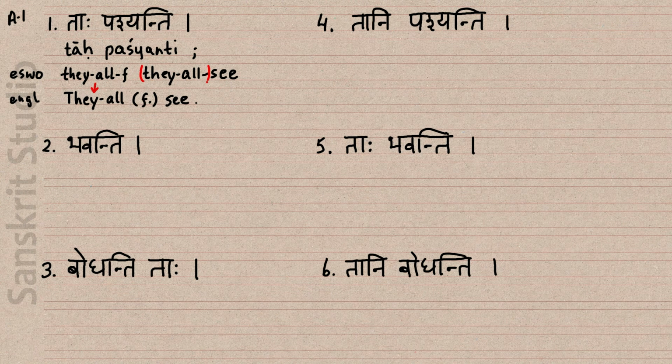And now we have another one here, Bhavanti. So we make our transliteration here, Bhavanti. And that's all. Just one word in Sanskrit. And that means, of course, they all are.